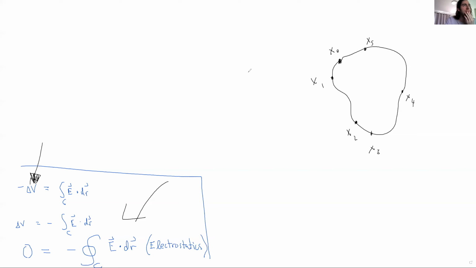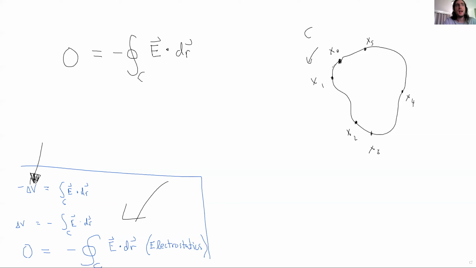But I could break this thing down. I could say 0 is equal to minus the closed path integral on the path C, and C is this path here. Let's suppose we go around the path counterclockwise, times whatever the electric field is there, doesn't matter as long as it's electrostatics. As long as we're doing electrostatics, there's no moving charges. We just have a field that doesn't change there. Then we know the answer is 0.